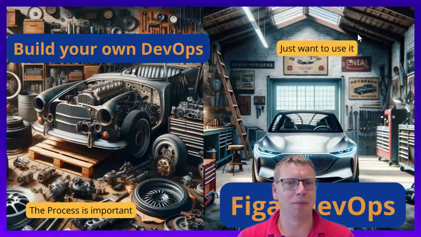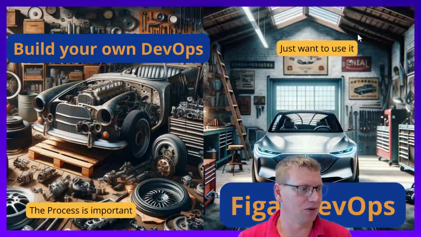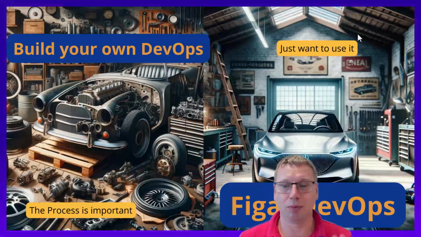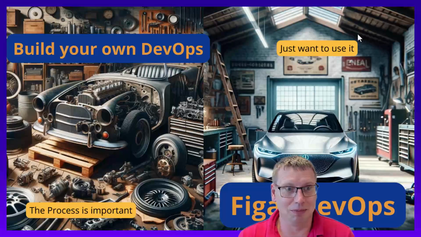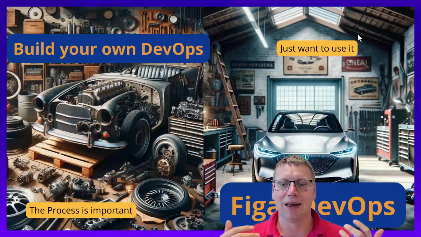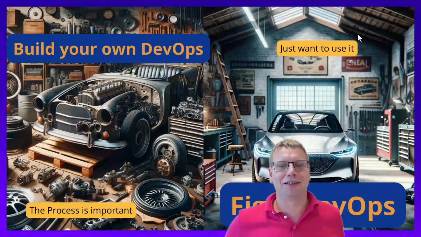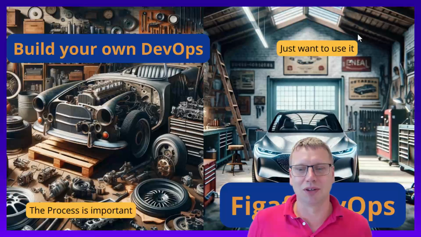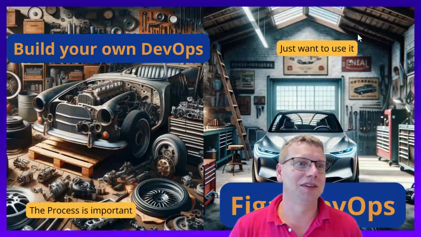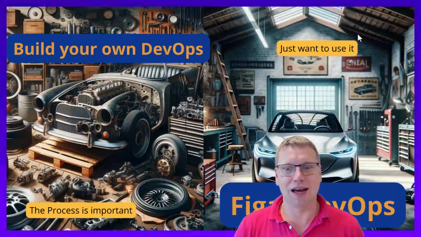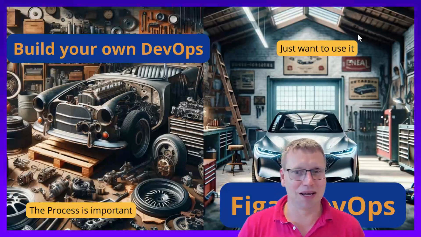And now we come back to one of the questions from the beginning. Do you want to build your own process? I know a lot of people that enjoy building cars. It's a lot of work, but it's fun and rewarding. But there's also people who, like me, just want to go out, start the car and drive without having to consider all the small bits and pieces needed to make a car work.